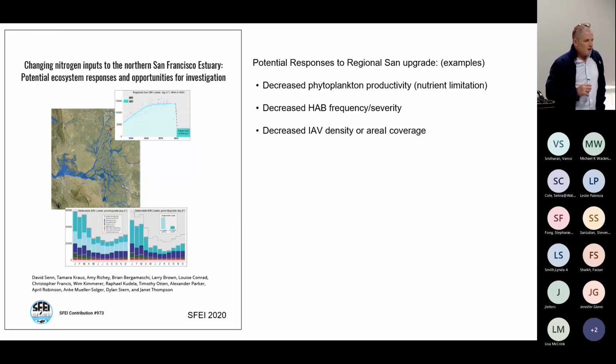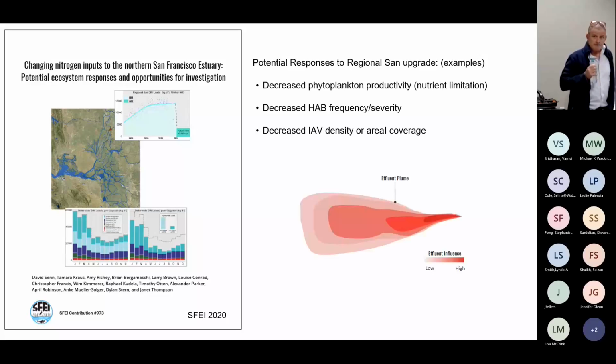And so among the many responses and the many tortuous diagrams that we managed to come up with through this report, the examples of potential changes were decreased phytoplankton production due to nutrient limitation of phytoplankton growth rates, decreased HAB frequency and severity, decreased invasive aquatic vegetation density or aerial coverage.